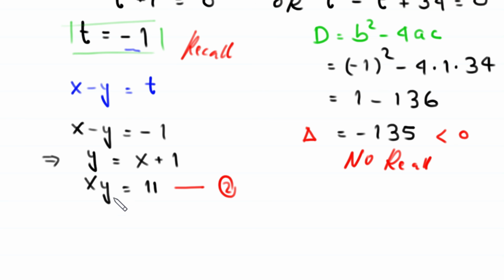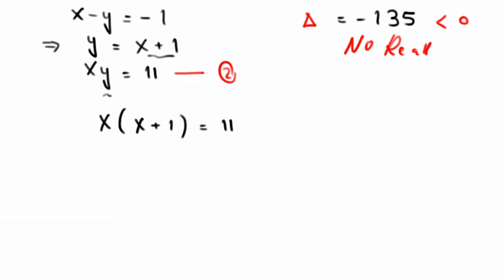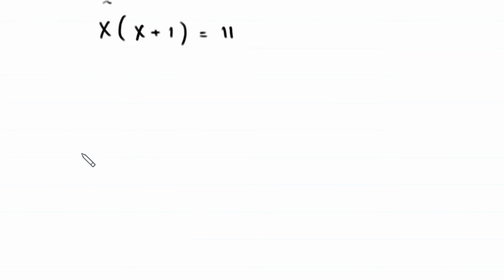So in this equation we replace this y with this x plus 1. The equation 2 will become x times x plus 1 equal to 11. Distribute this x times x squared, x times 1 plus x. Move this 11 to the left hand side, minus 11 equal to 0.